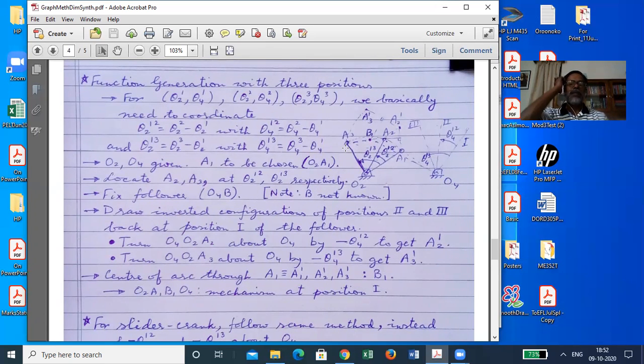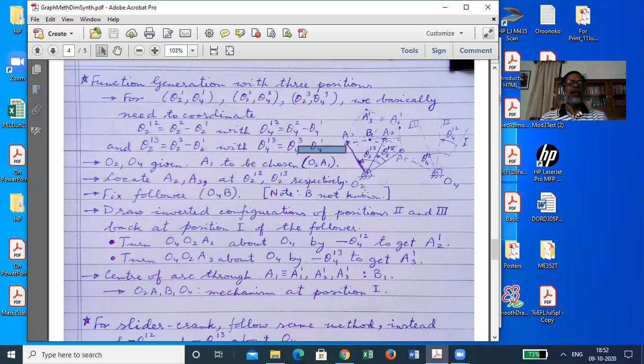Now it is B which you have to locate. That means basically you are trying to design the follower, link 4. And so in the inversion, that is what we will fix. Okay, so fix follower, B not known.